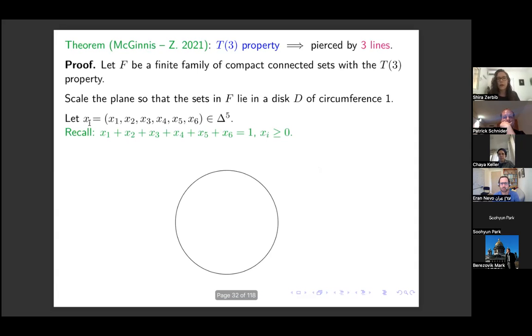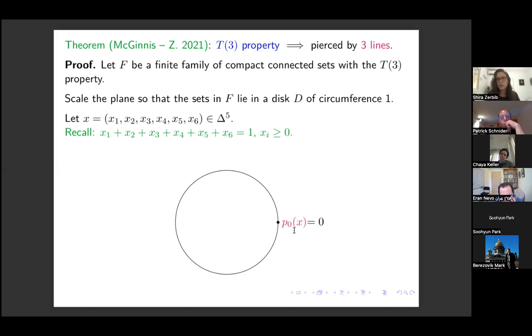So let X be a point in delta 5, and recall that this means it is a 6-tuple of numbers x1 to x6 such that they are non-negative and sum up to 1.